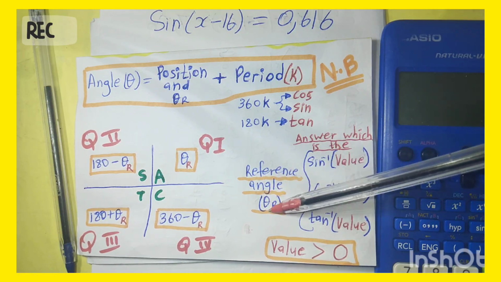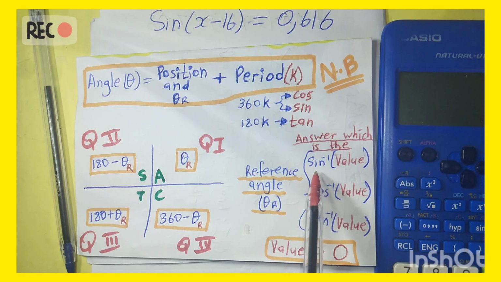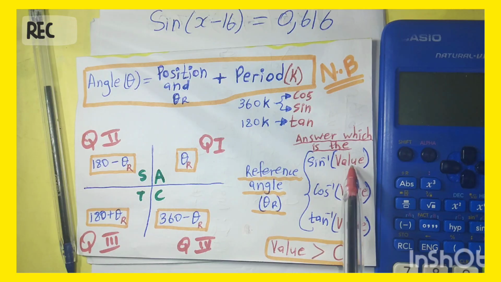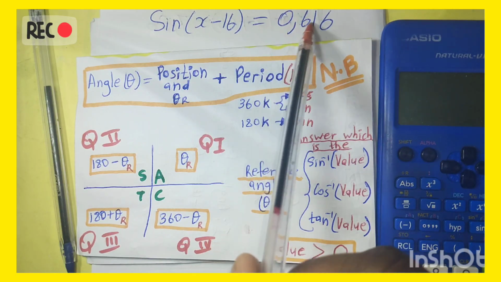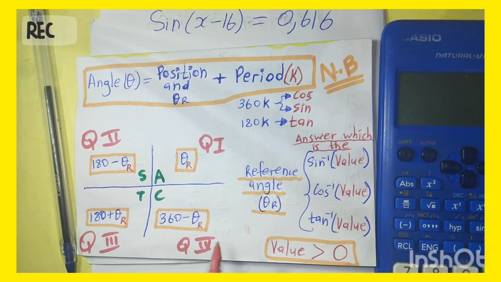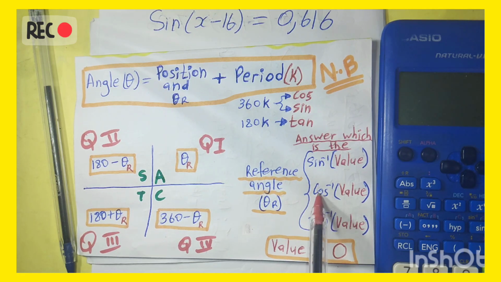Talking about the reference angle, you will get it by saying sine arc, then here you put the answer, which is the value of the function. Or if you are given cos, you will just say cos arc, then you put the answer, which is the value of that function.